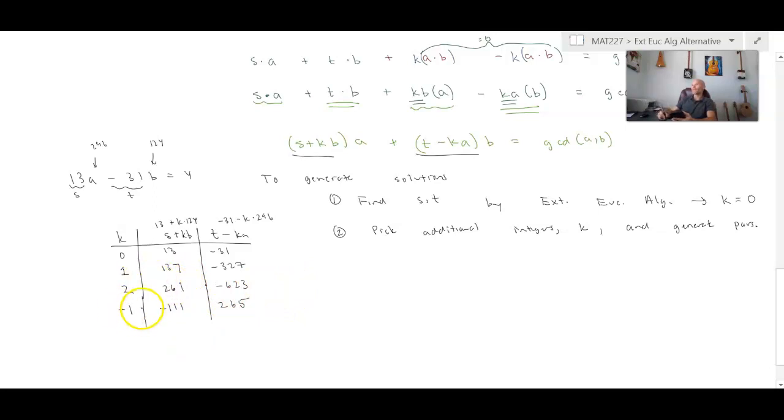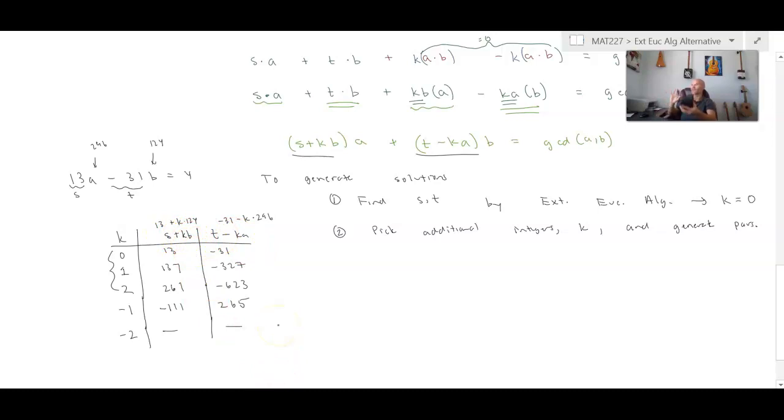The reason I plug in a negative here is because in some cases you want the coefficient of, say, a to be positive, like we have for when k is positive, but we have certain circumstances where we might want the coefficient of a to be negative, and that's going to involve subtracting 1 times the value of b. And so we'll go the opposite direction if we, say, do negative 1, negative 2 here, and we could find these values as well. This one will start to become more negative, this one will start to become more positive, because here we're subtracting a negative, we're adding, and here we're adding a negative, which is subtracting.